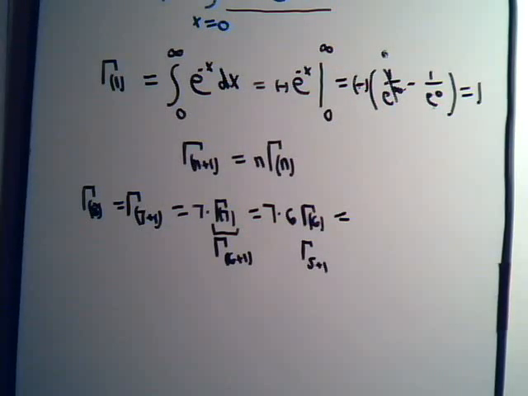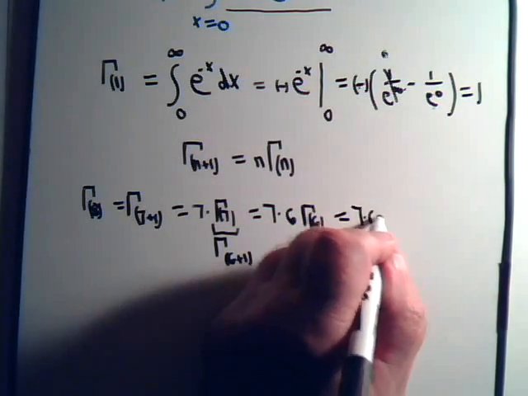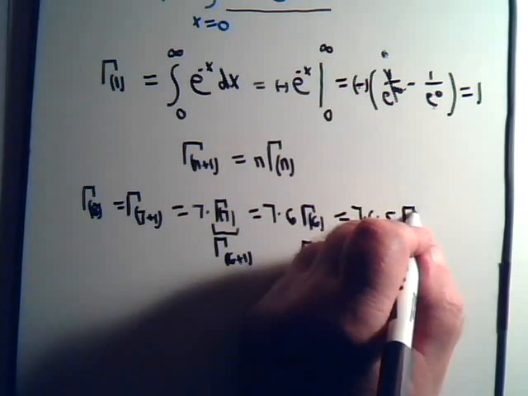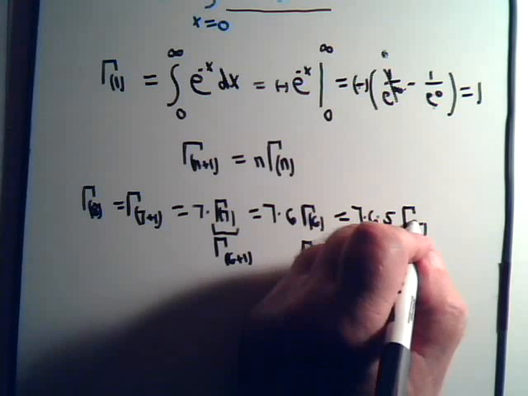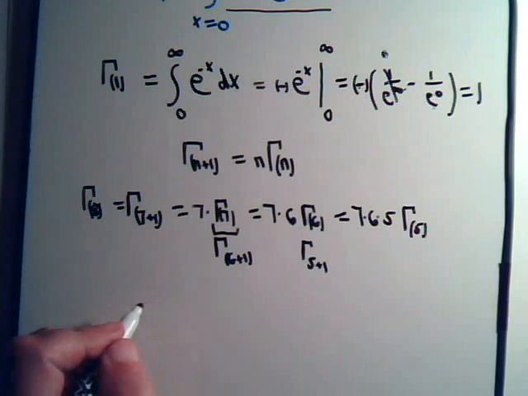So this will equal 7 times 6 times 5 times the gamma function of 5. And let's see, we can keep going like this.